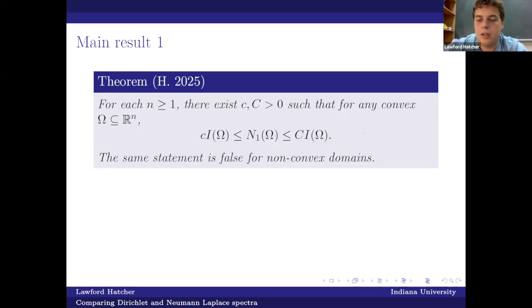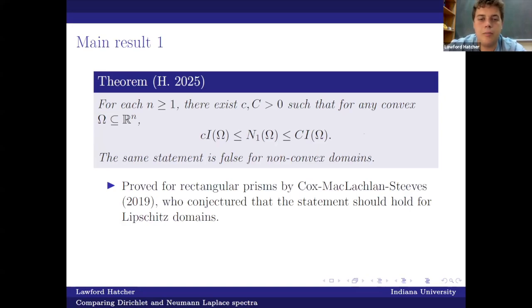So that's the theorem, and two remarks are in order about the theorem before I move on. First of all, me proving this theorem was motivated primarily by a preprint of Cox-MacLachlan-Steeves, who conjectured that the first statement should be true for all Lipschitz domains. And they managed to prove the result for rectangular prisms. Their proof for rectangular prisms is a key point of my proof of this theorem.